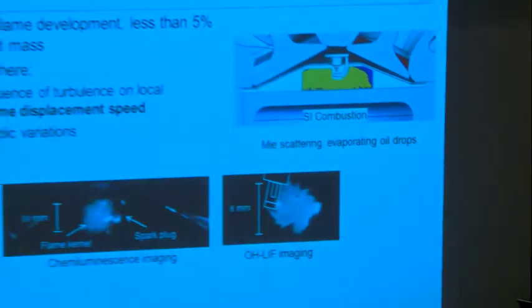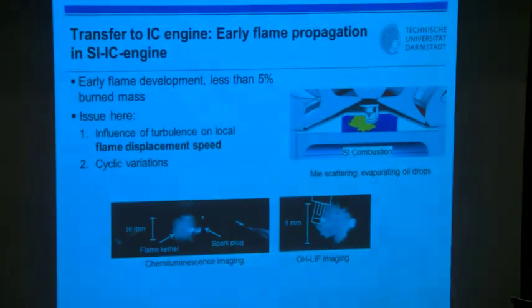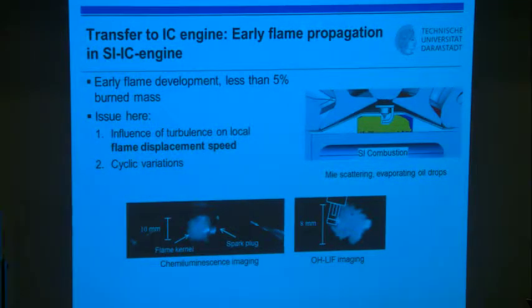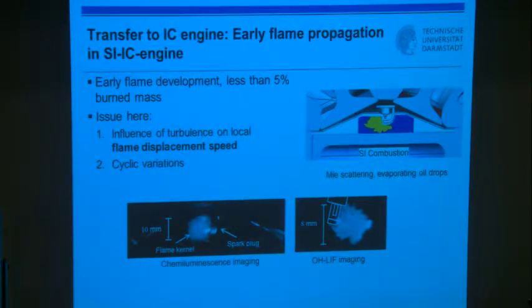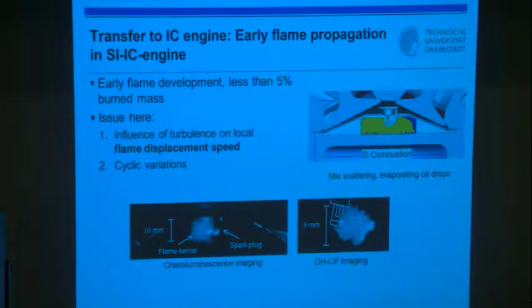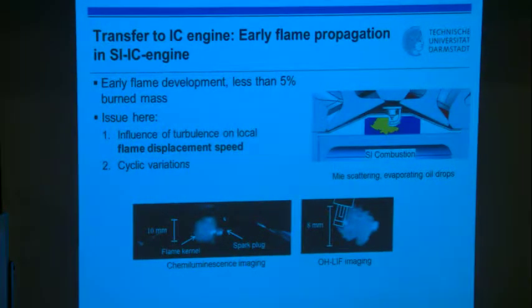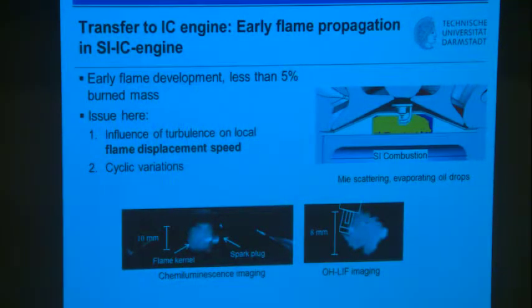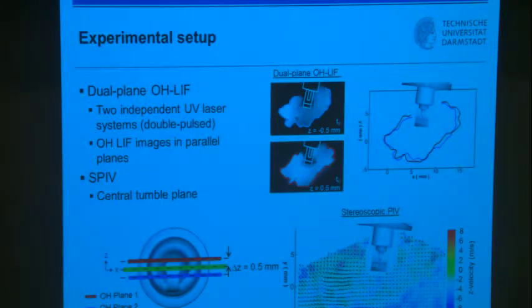So the idea as well here is, by looking into the flame displacement speed, better understanding what kind of cyclic variations take place. But this is restricted to the early phase of flame propagation, where you still have a chance to observe the propagating flame kernel using this kind of OH-LIF imaging in two adjacent planes.